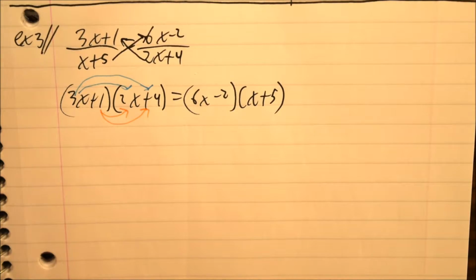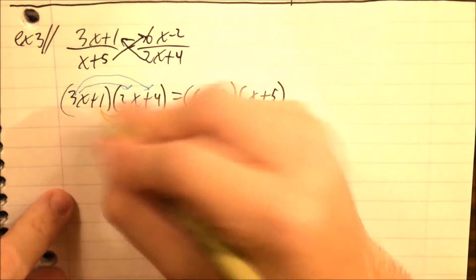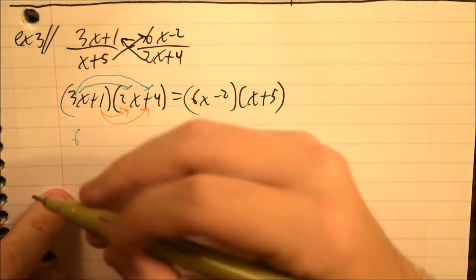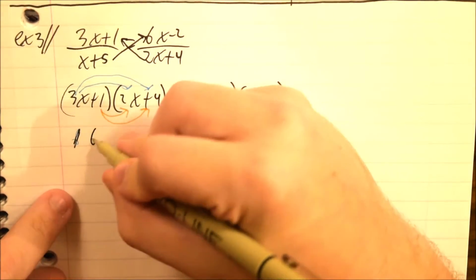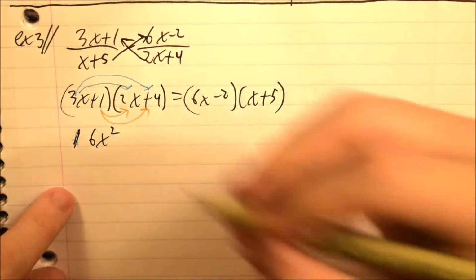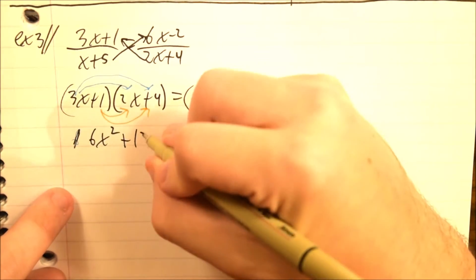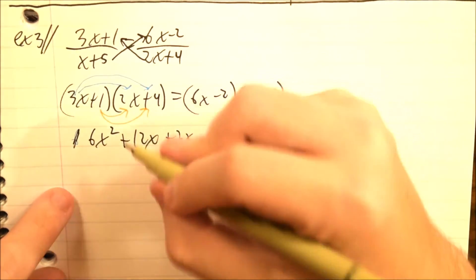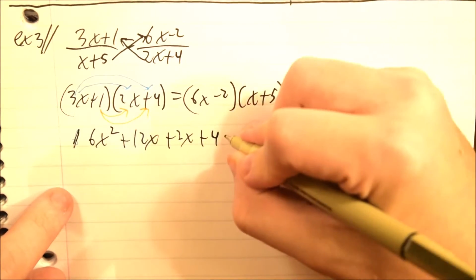Alright, so that's going to give me 3x times 2x is 6x squared. 3x times 4 gives me a plus 12x. 1 times 2x is plus 2x. 1 times 4 gives me 4.